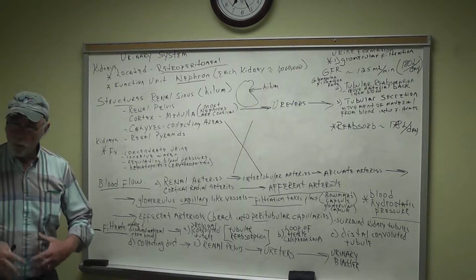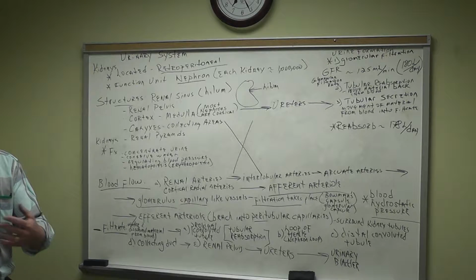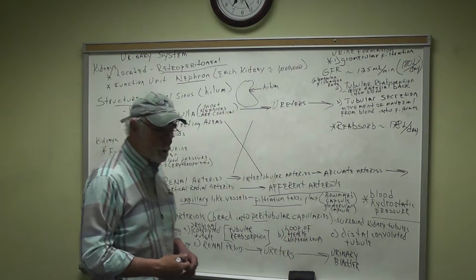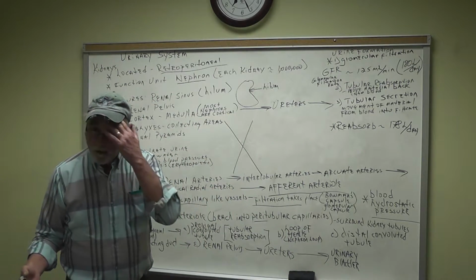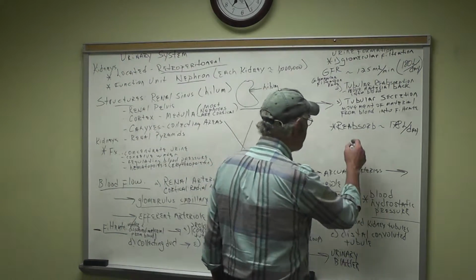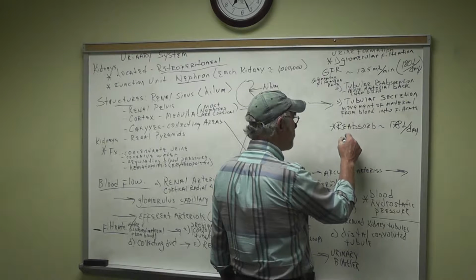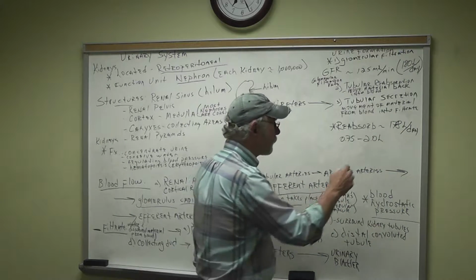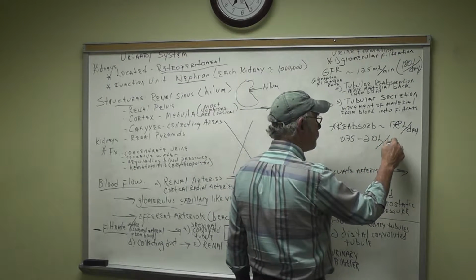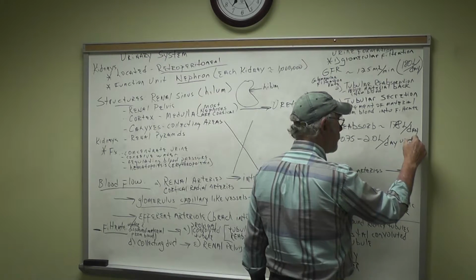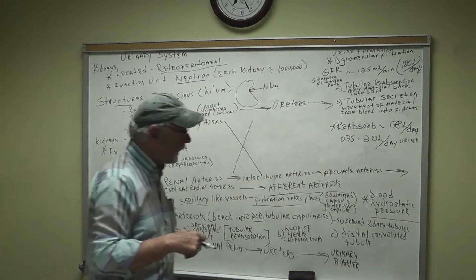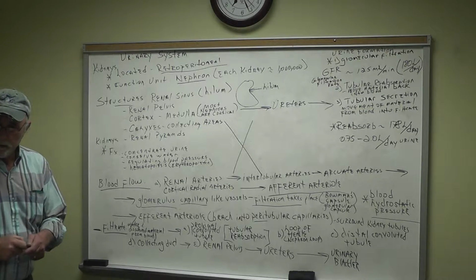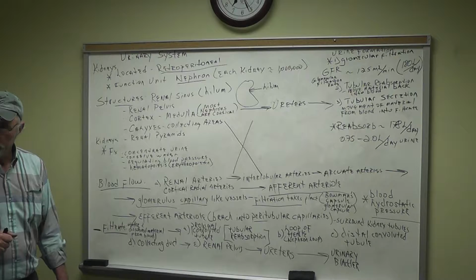So most of what we filter, the volume anyway, we reabsorb. The average urine output for an average adult is somewhere between 0.75 and, we'll just say, 2 liters per day. Of course, that can change depending upon your intake and your activity. But on average, we don't pee out 178 liters a day. If we did, we would be peeing all day long.